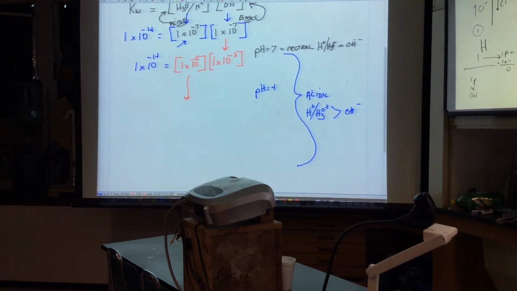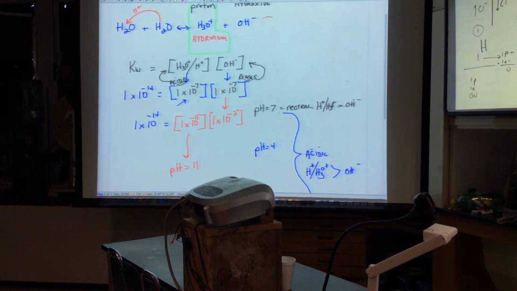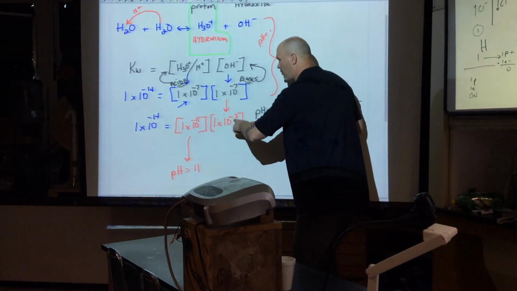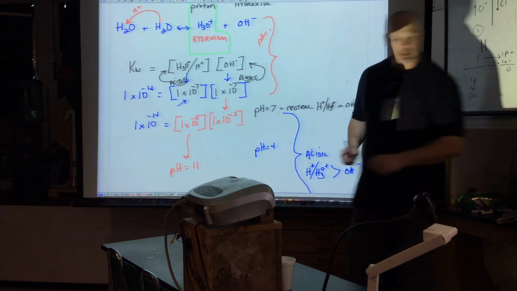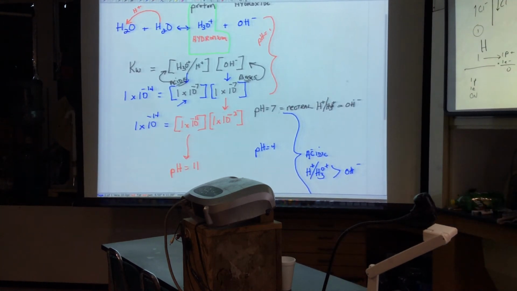11. Yes, my pH is 11, and you guys learned when the pH is greater than 7, in this case the pH of 11, who's bigger? What number is bigger? This is bigger than this one. There's more hydroxides in my solution.